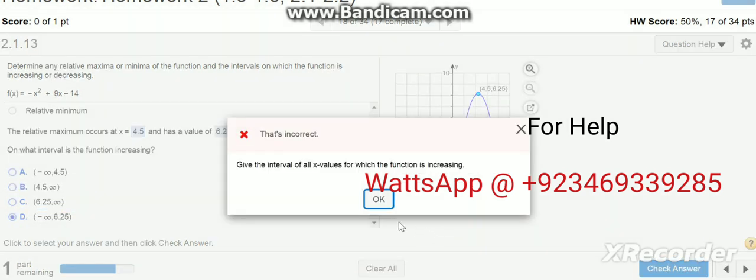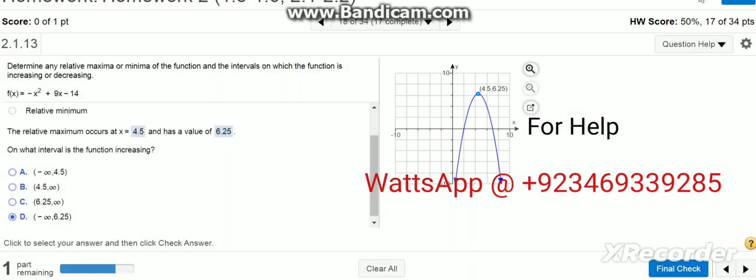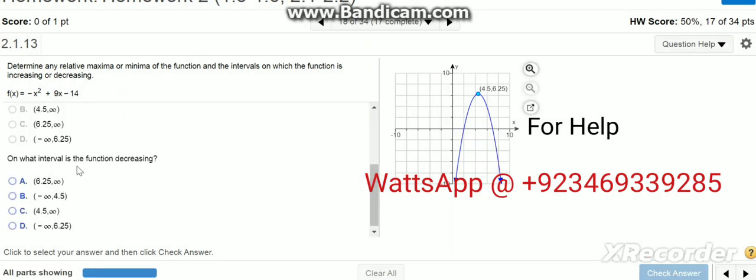I think it's no. Okay, what we did wrong is that x is the x-axis, so it's minus infinity to 4.5 that the function is increasing. So let's check it. Oh, fantastic, thank you.